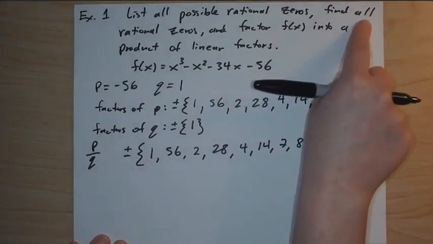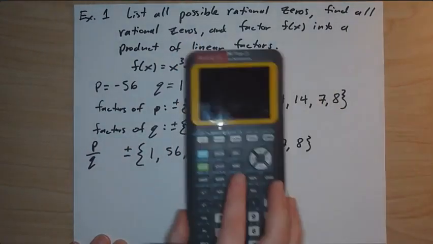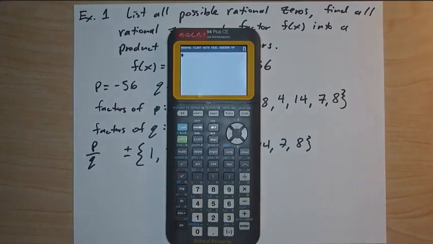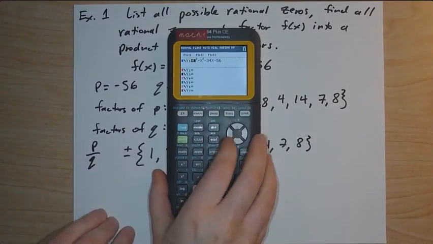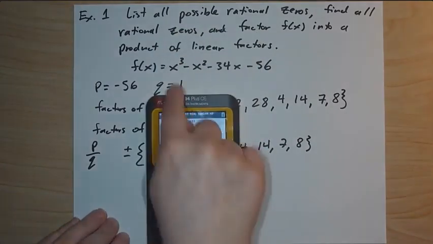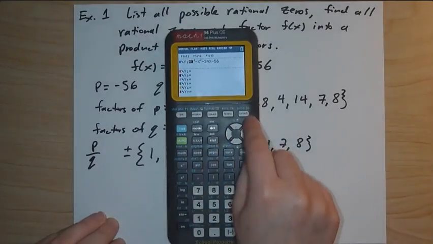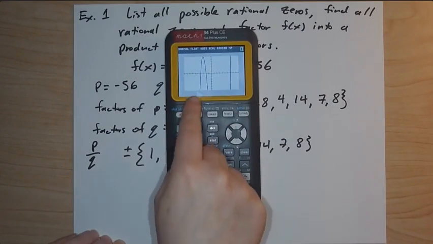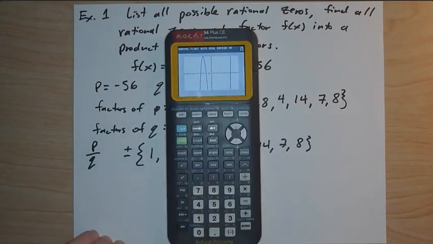So to find all the rational zeros that actually are real zeros, what we have to do is graph it. So take out your calculators. We're going to go into y equals, and in that y1 slot you're going to type in this function here. I've already done so. You're going to press graph to graph the function, and we actually see the graph here. It goes up and then down and it goes up again.